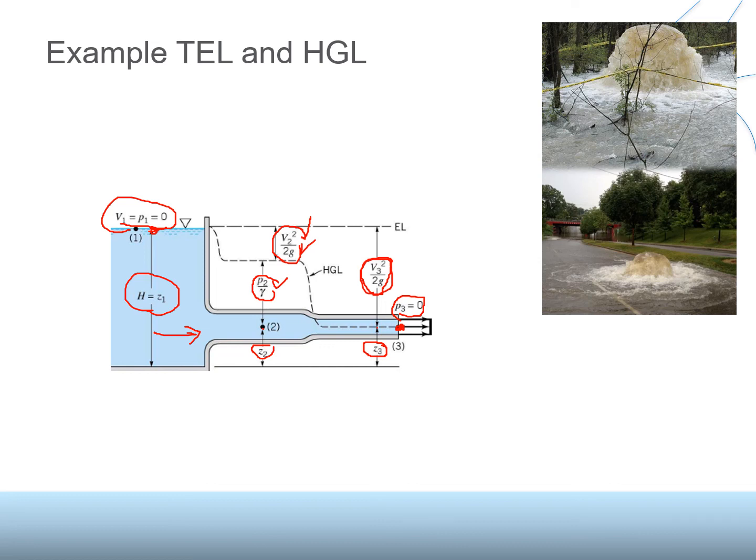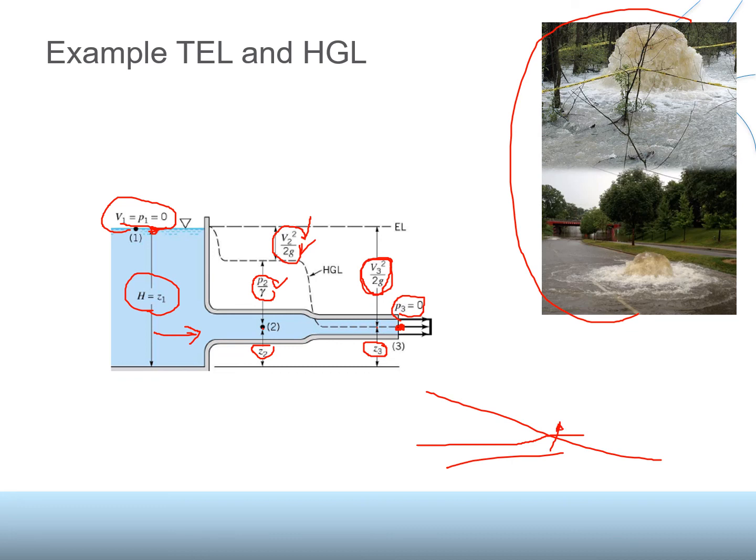Now let's look at a figure here. The figure shows a sewer overflow. This happens when the hydraulic grade line of a sewer line goes above the ground level. If you have this hydraulic grade line, and if the pipeline is like this, then water goes out to the street.